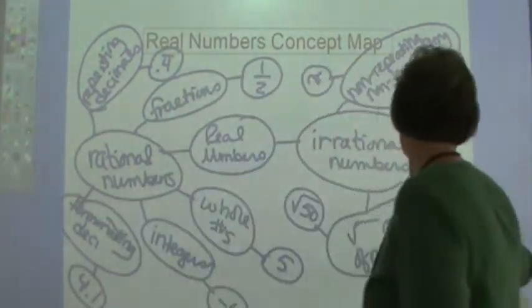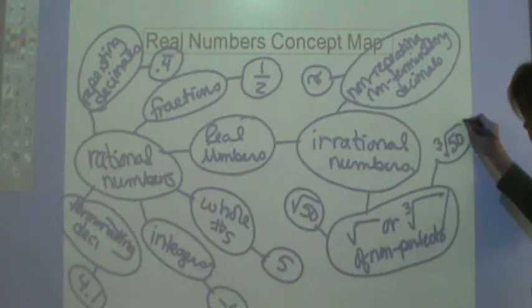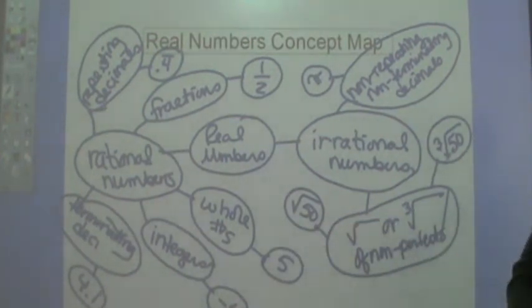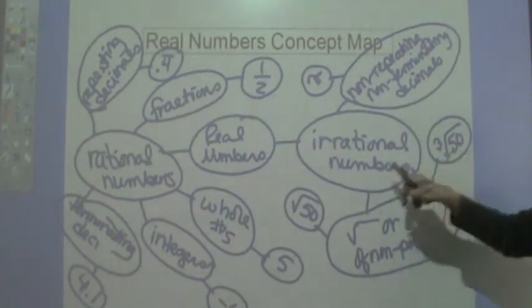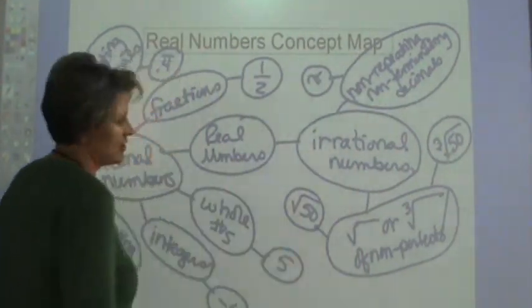And then like the cube root of 50. Square root of 50 is going to be pretty close to 7. Cube root of 50 is going to be between 3 and 4. But both of them are going to be decimals that are not nice numbers, so it's going to be your irrational numbers.